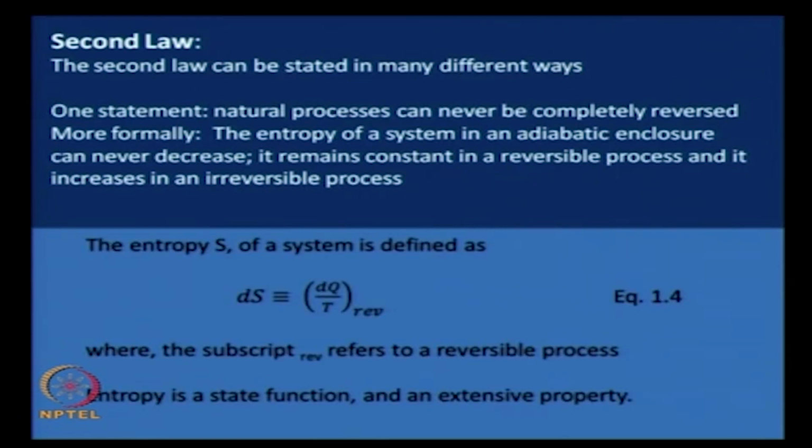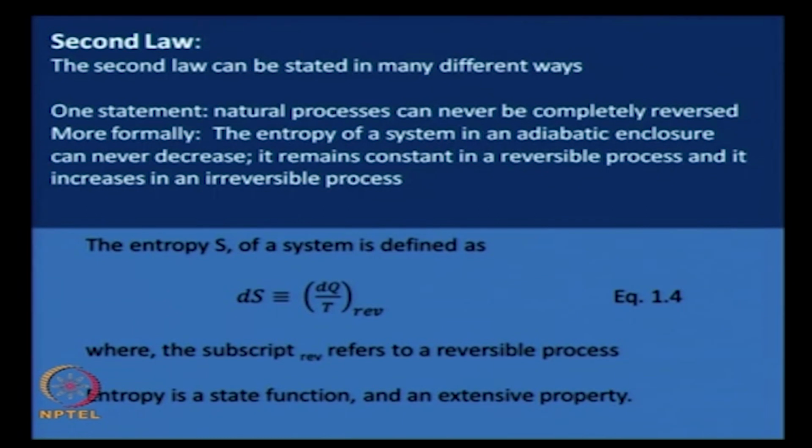The entropy of the system, as you would know already, is defined as dS equals dQ by T in a reversible process. As you know, Q is a path function. Therefore, dQ reversible by T is a way of defining entropy dS.